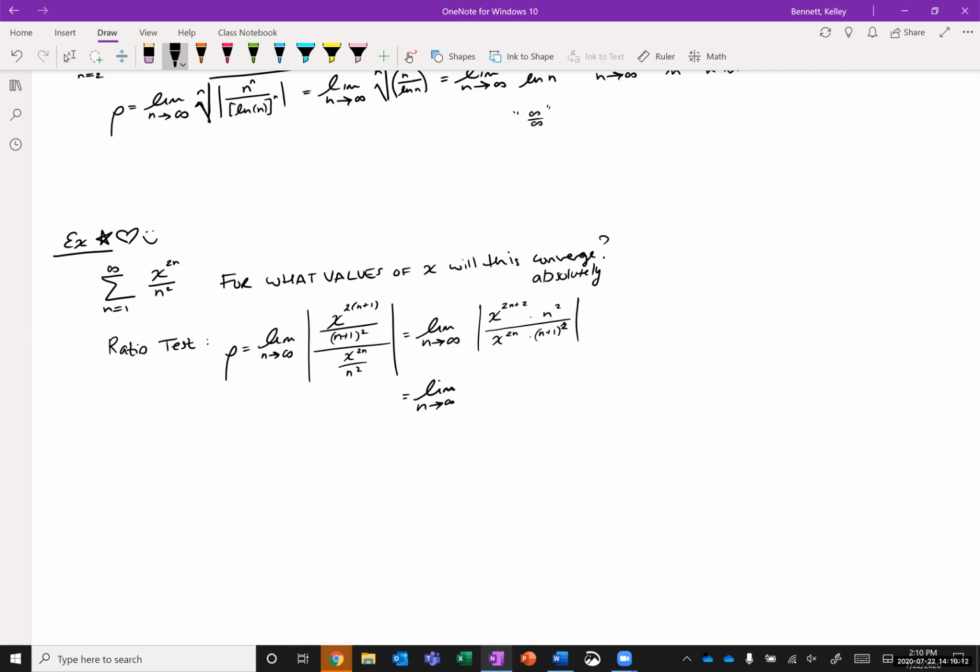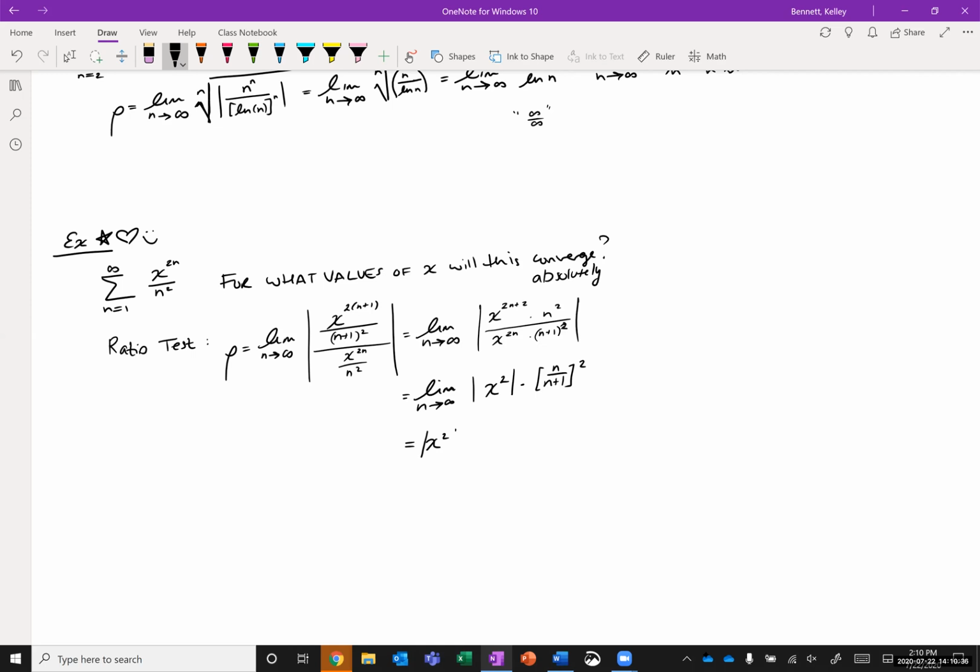So this really just becomes the absolute value of x squared times n over n plus 1 squared. And notice that the limit as n goes to infinity, n is going to infinity, n, not x. So x is really not even factoring into what this limit is.